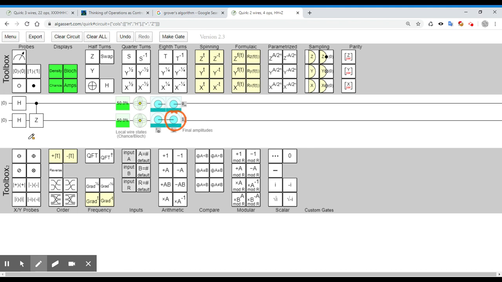If I were to replace that with this, then it would flip the phase for the pattern 1 0, and so on.